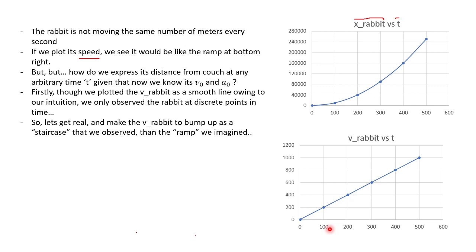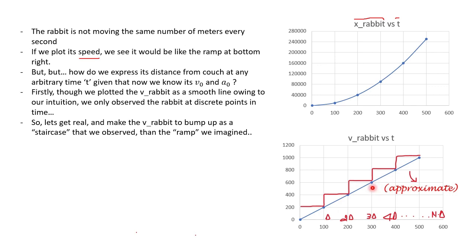So let's get real, and then instead of joining the dots this way, let's actually construct a ramp that way. So what we know is, for the first time instant, the rabbit's velocity was 2 meters per second. The second time instant, it was 4 meters per second, and the third time instant, it was 6 meters per second, and so forth.